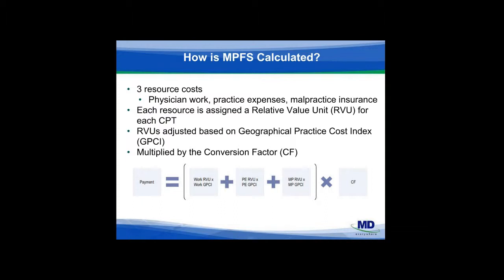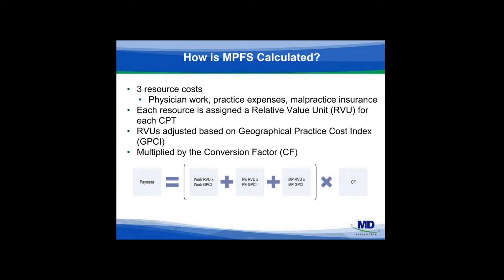The fee is composed of costs associated with the physician work, practice expense, and professional liability insurance. Each of these elements is assigned a relative value unit for each CPT code. The work RVU component reflects the relative time and intensity associated with furnishing the Medicare services, and it typically accounts for around half of the total payment associated with the service.